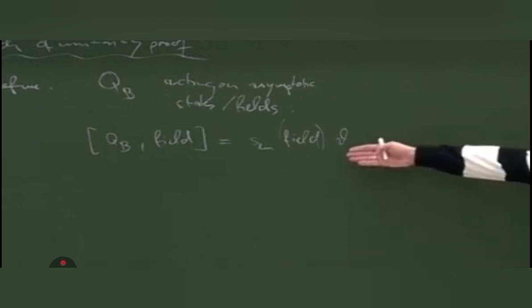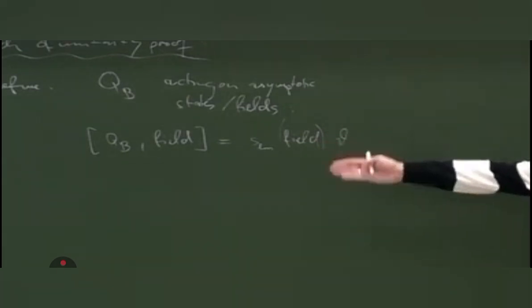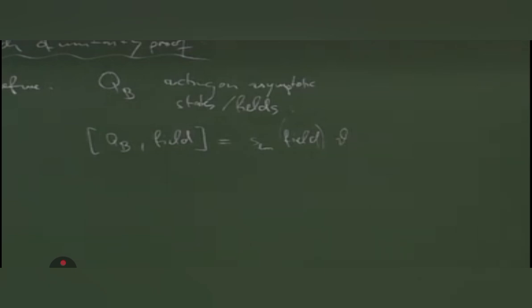The BRS transformation contains only the linearized ones, and therefore this acts exactly in the same way as the QB that we looked at already before and in the exercise sheet from last year.